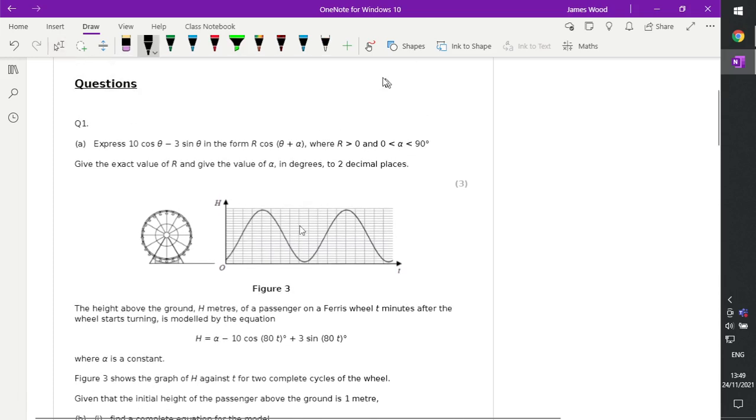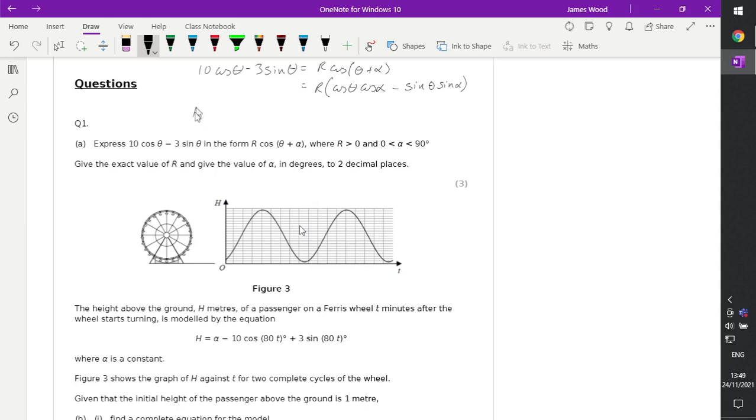So I'm going to just set them equal to each other and then expand one side. So I'm going to expand the right hand side. So that's now r times (cos theta cos alpha minus sine theta sine alpha).